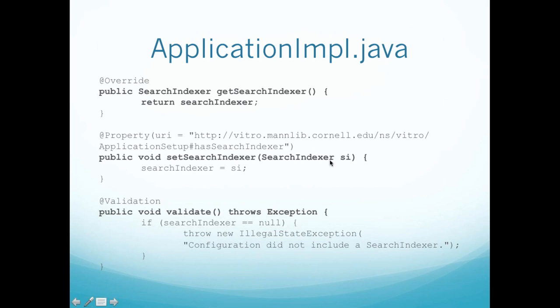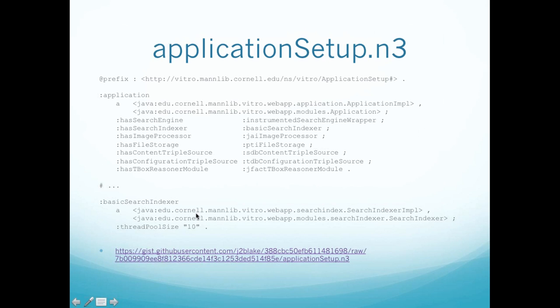So this method will be called after that search indexer is instantiated, and we'll set that on there. The has search indexer says it's pointing to this URI, which says, yes, I do satisfy the interface of search indexer, and this is the concrete class. It also has a parameter attached to it, as Ted found out to his misfortune when I forgot to put this in there.